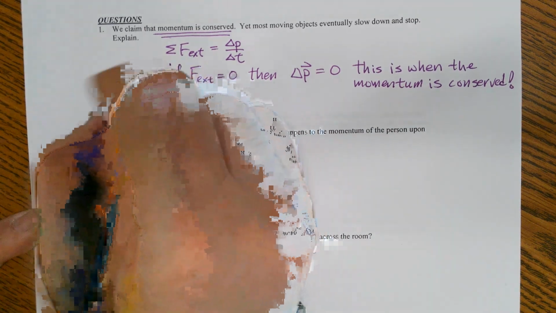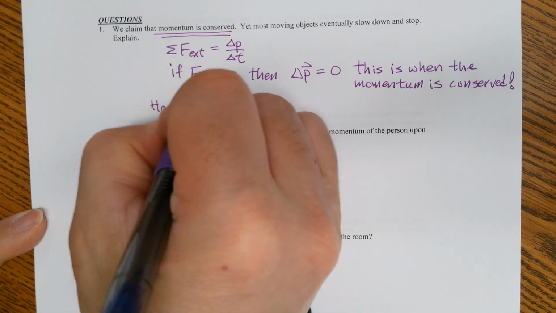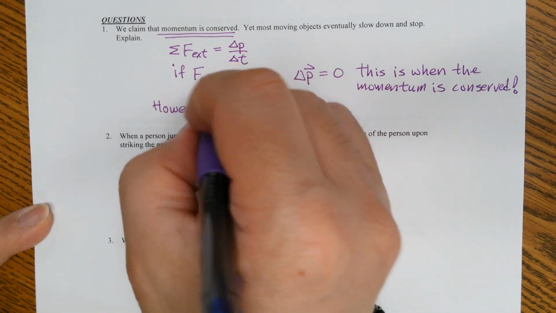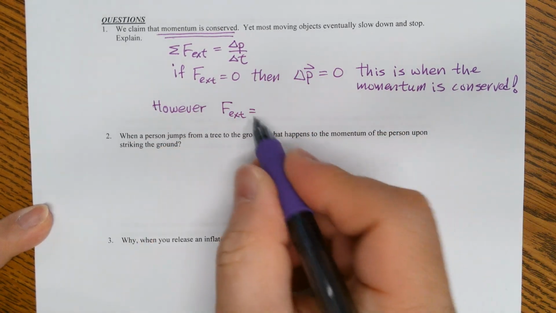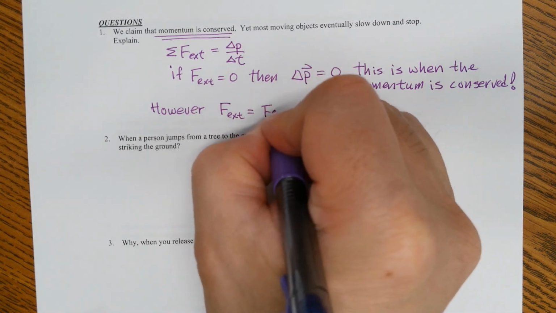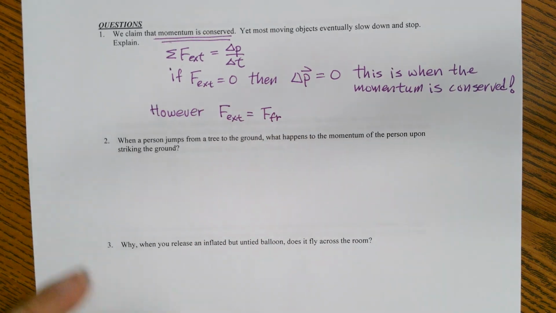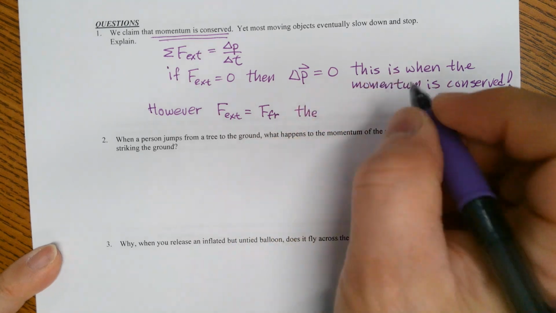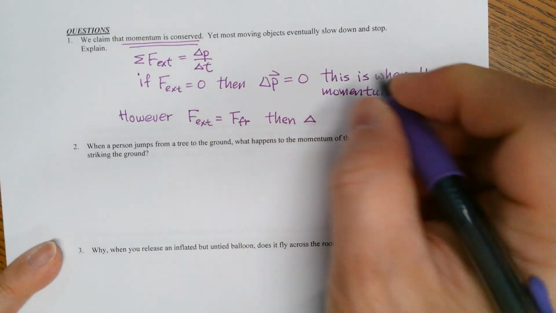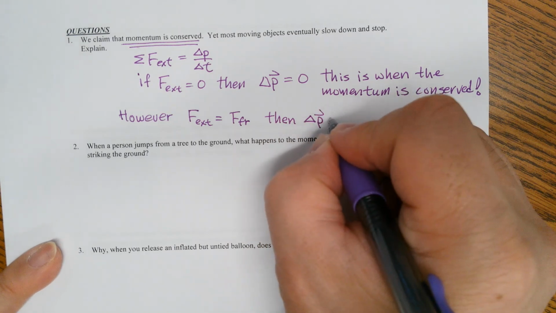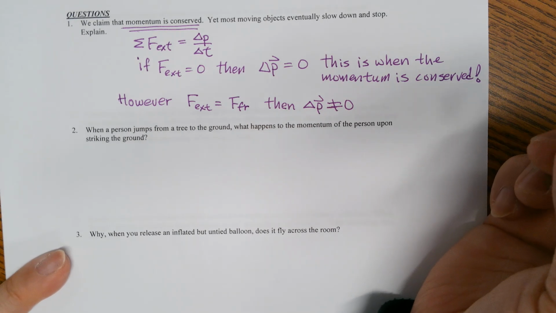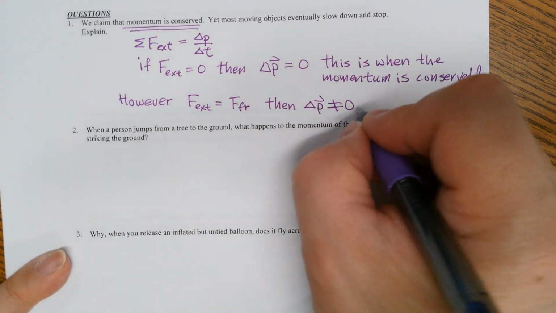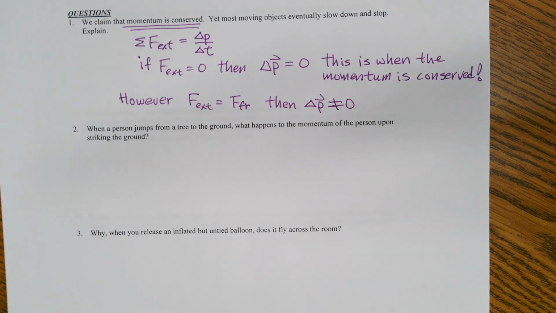However, when the net external force is not 0 and you have friction involved, then the change in momentum does not equal 0. So usually, the friction is the external force that's going to slow things down to a stop.